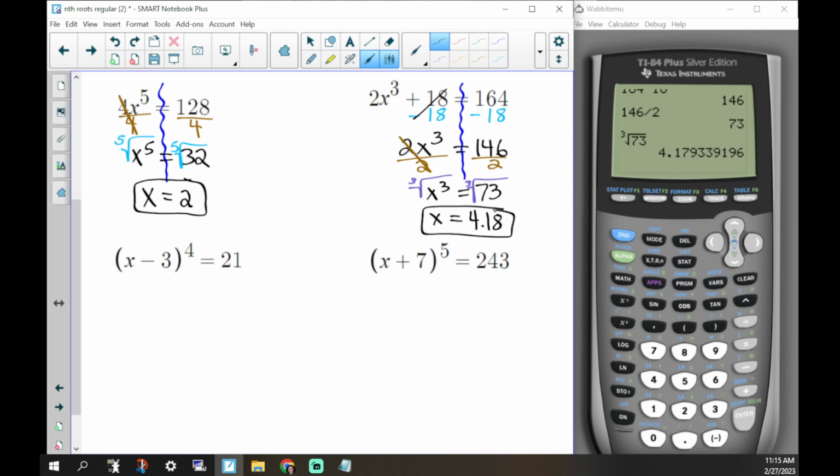Last set of problems. We have, in parentheses, x minus 3, and then it is raised to the fourth power equals 21. Well, I want to get rid of that raised to the fourth power, so to do that, I'm going to root it by 4.